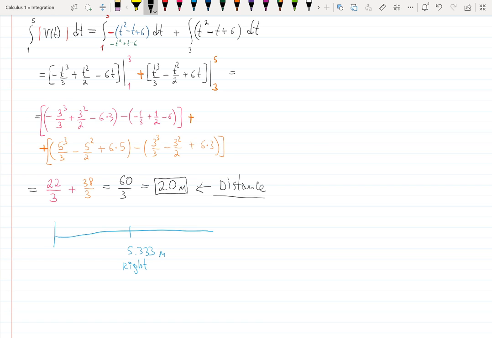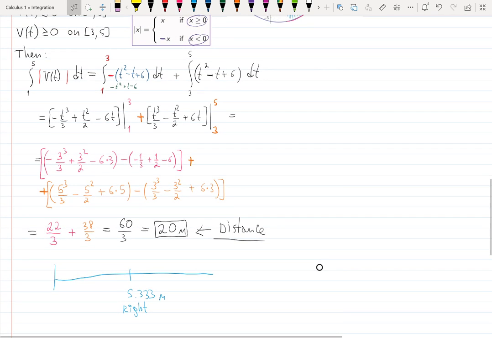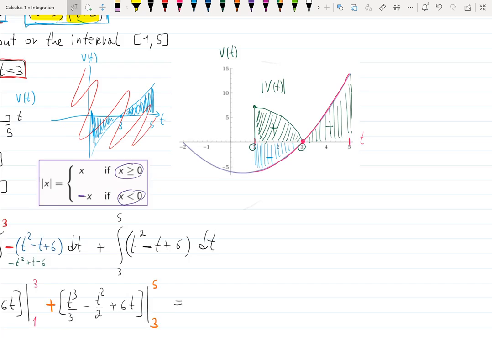Very interesting idea. And the answer for the first question, 5.333, that was net change. Net change is when you assume negative and positive directions. So you have 0, going to the left at any time is negative, going to the right at any time means positive. That's the idea of the net change, assuming that areas below the x-axis are negative and above the x-axis are positive, like on this graph.